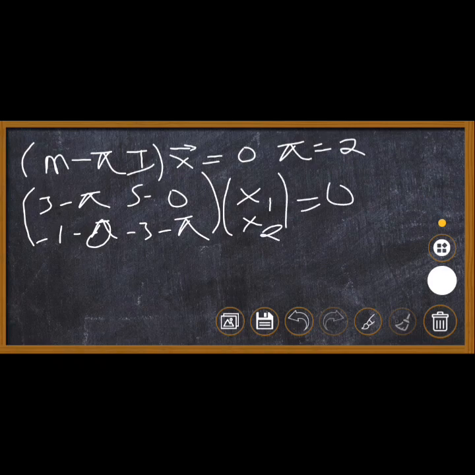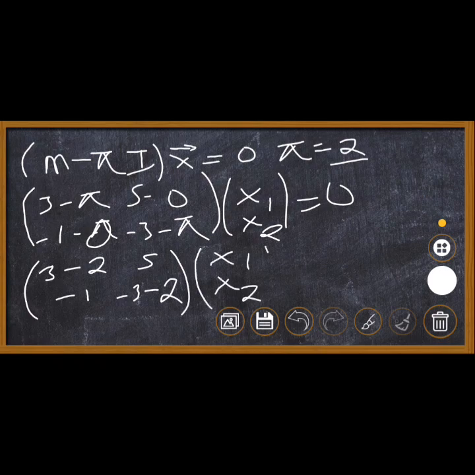So let's replace. Where there is pi, replace with 2. So it's 3 minus 2, and then 5 minus 0 is just 5, and then -1 minus 0 is just -1, and then -3, here we replace where there is pi with 2. And then we have the vectors, that is x1 and also x2. So all of these equal to 0.